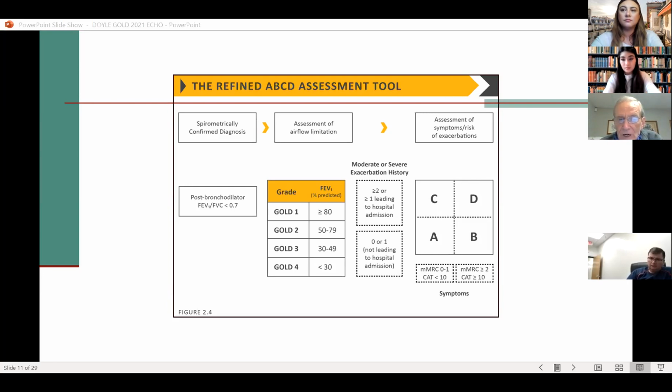So that's their grade. And then the little ABCD table is a measure of their symptom severity. And you can see that if you have COPD, the best group to be in is A, and the worst group to be in is D. And whether you're in A or D depends on how many exacerbations you're having a year, and also what your symptom severity is, either in terms of mMRC or CAT.